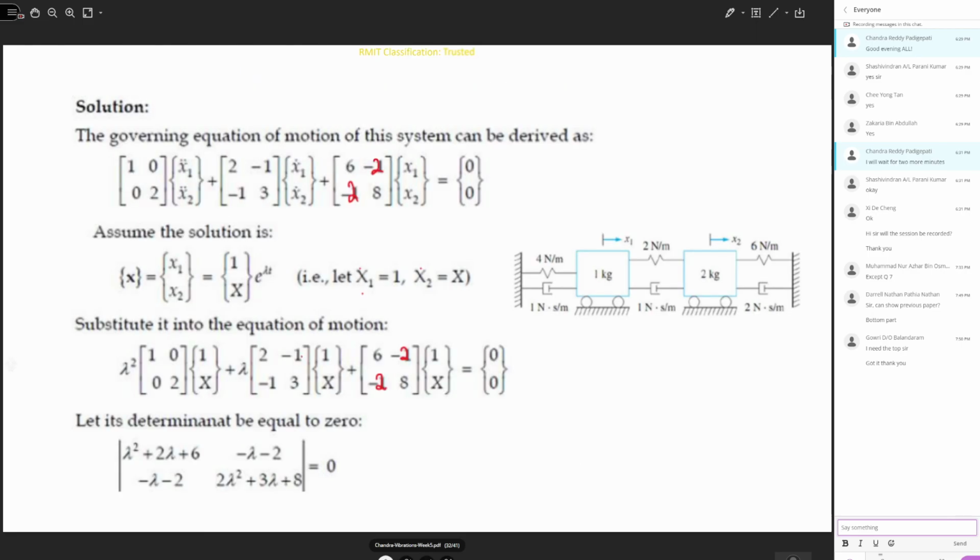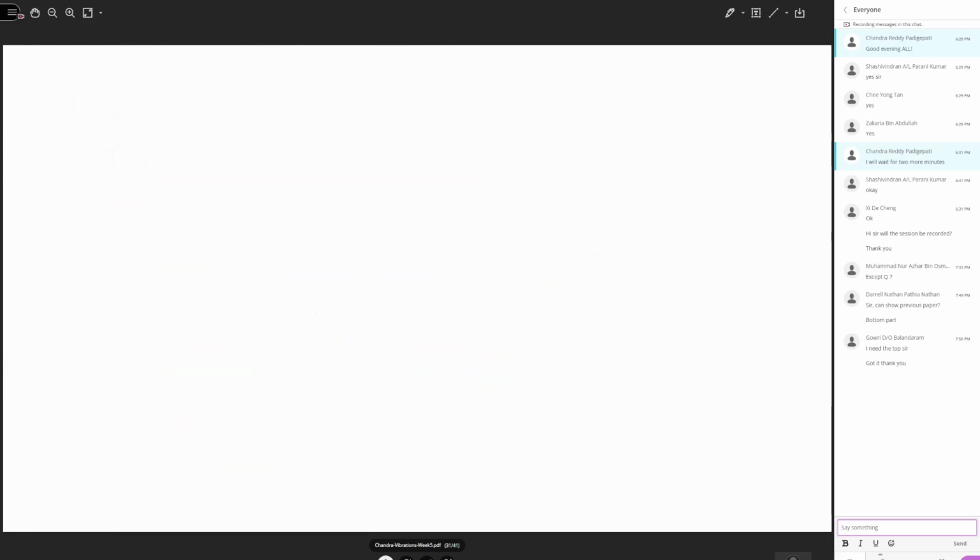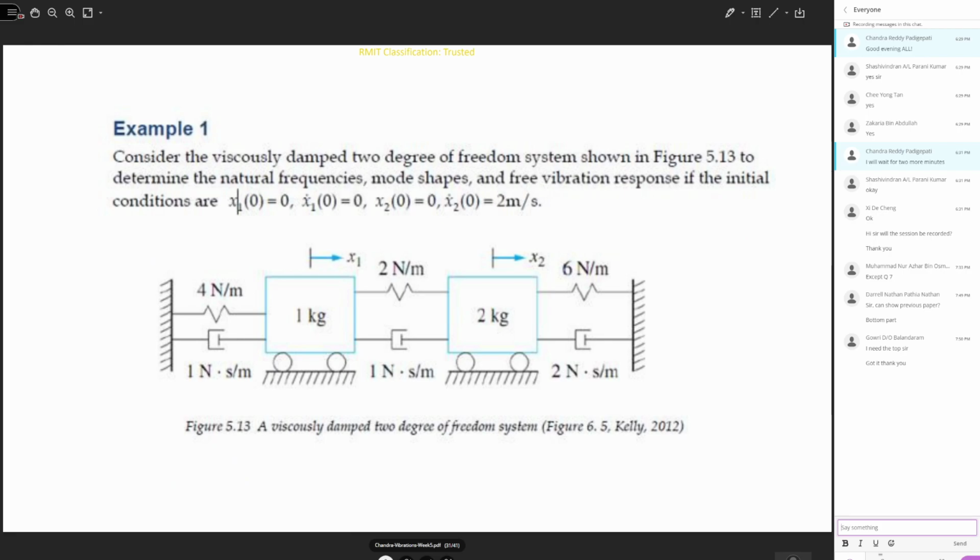Not this one. So you can follow this example. So whatever the example shown here is, okay, so this is the example.